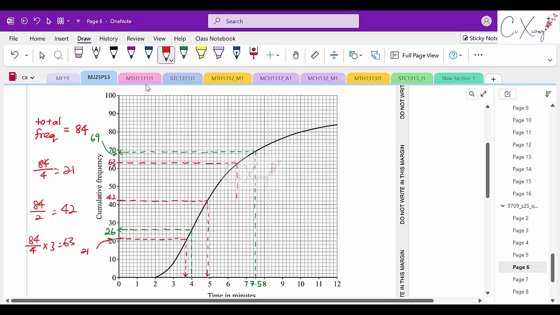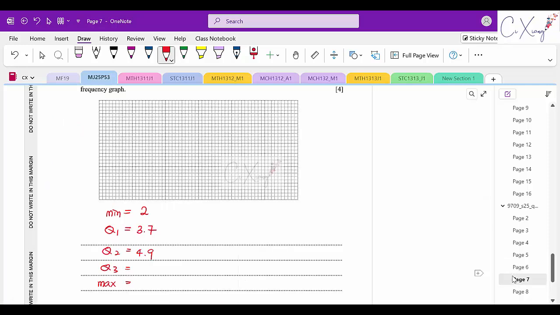In the exam you should use a ruler to draw the line clearly and straight. So what's the value here? I think it should be 6.5. So in my summary, it will be 6.5.